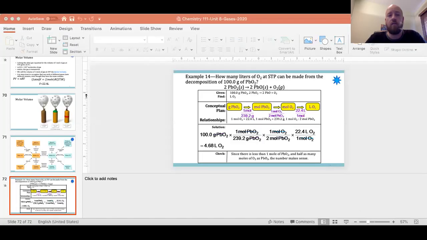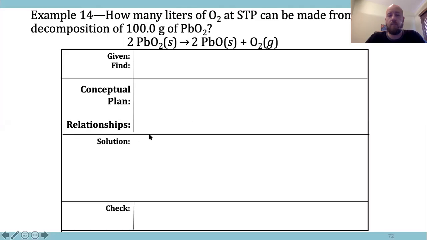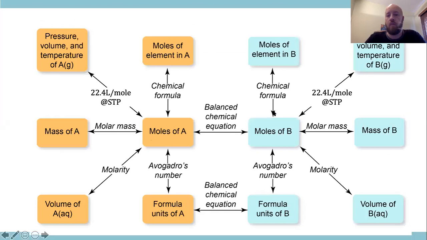No, in that problem, you do not use the molecular weight for the oxygen. Sorry, my screen sharing stopped. Because here we're trying to get to the volume of the gas. So it's the mass of the lead oxide, the molecular weight for the lead oxide, the balanced equation, and then the molar volume to get the volume of gas.